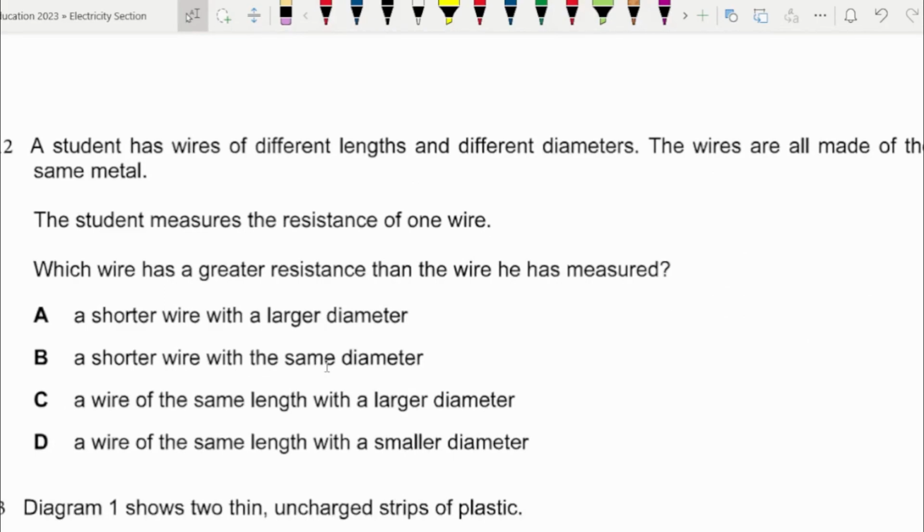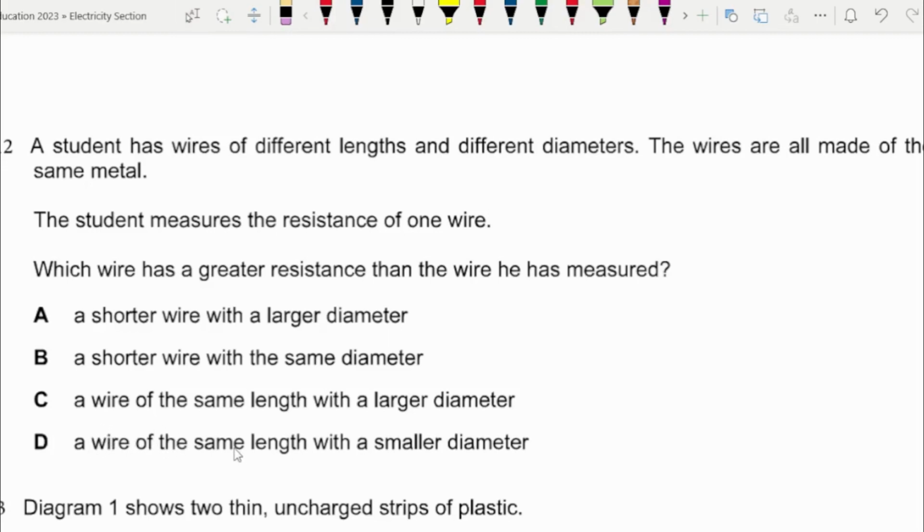Alright, question number 12. A student has wires of different lengths and different diameters. The wires are all made of the same metal. The student measures the resistance of one wire. Which wire has greater resistance than the wire he measures?